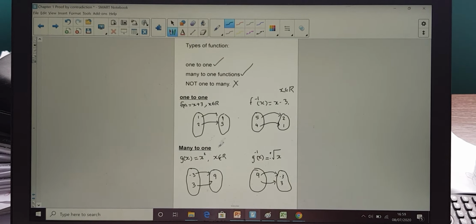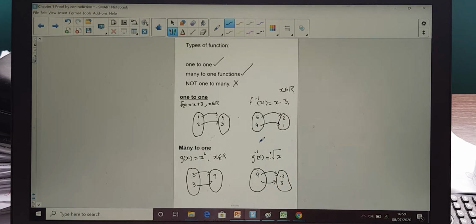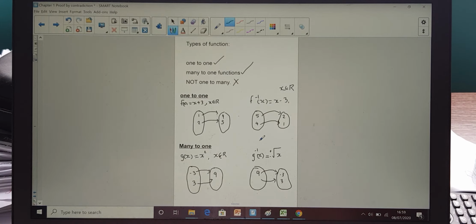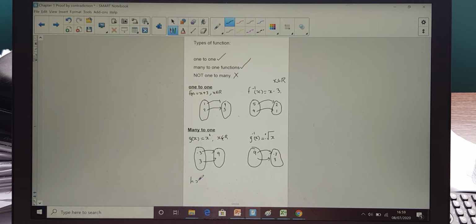However, if I put some little caveats in place, say stipulate the domain, i.e. my values of x that I'm going to put in, then I can make it a one-to-one function, and therefore I could make it so it will be able to have an inverse function as well. So let's call the function x squared, and again I'm going to say x is any real value.